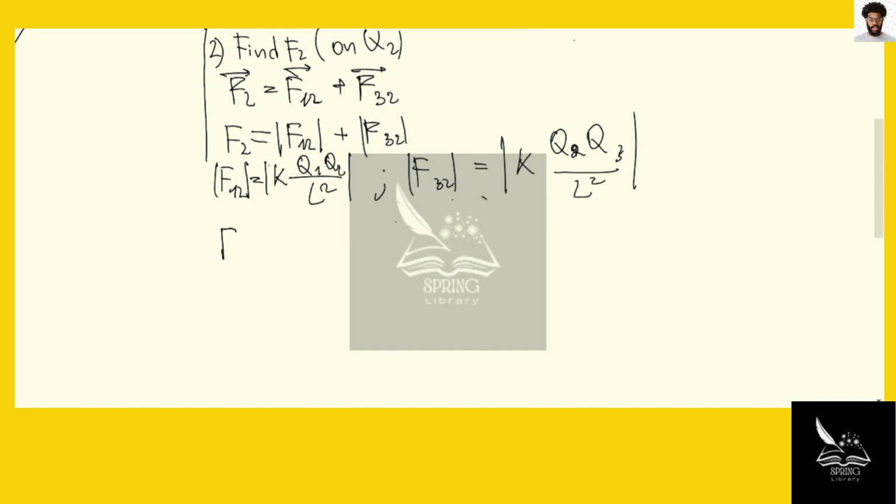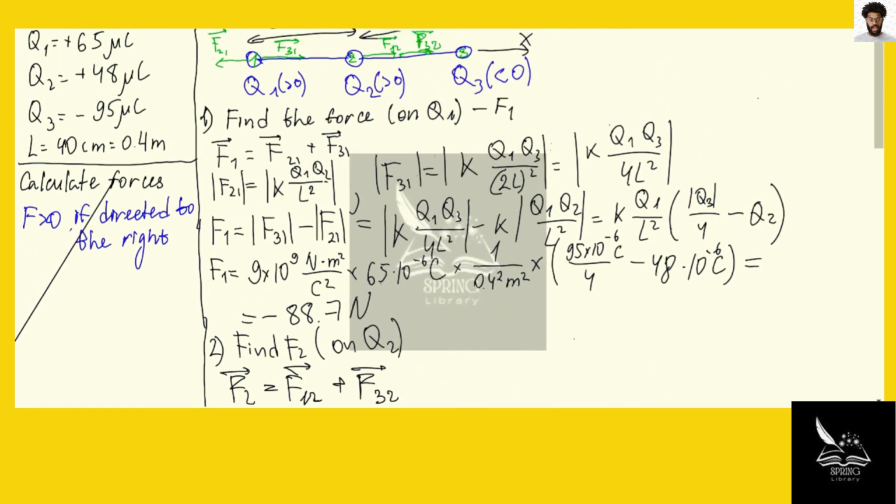Now we can complete the calculation. F2 equals K Q2 divided by L squared multiplied by the sum of Q1 and Q3, which is 9 multiplied by 10 to the power of 9 newton meter squared per coulomb squared multiplied by Q2, which is 48 microcoulombs, divided by 0.4 meter squared, and it's all multiplied by the sum of 48, 65, and 95.